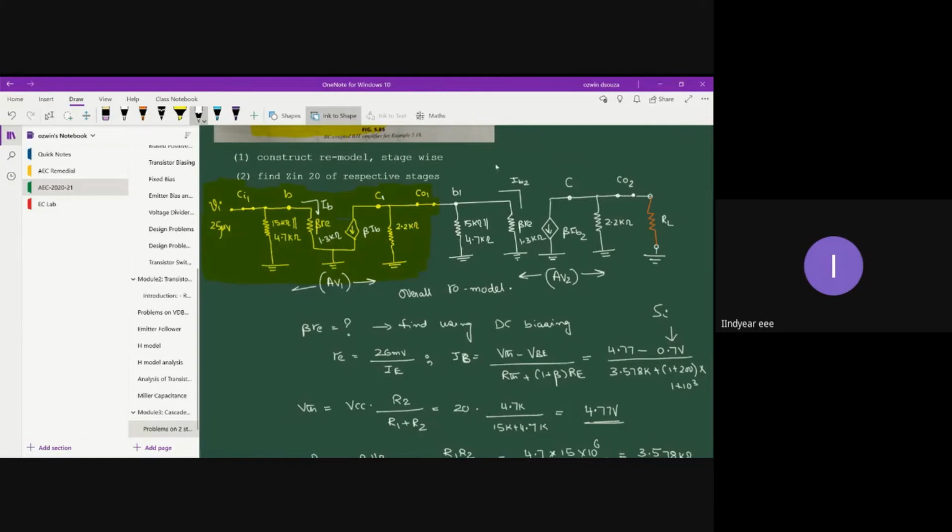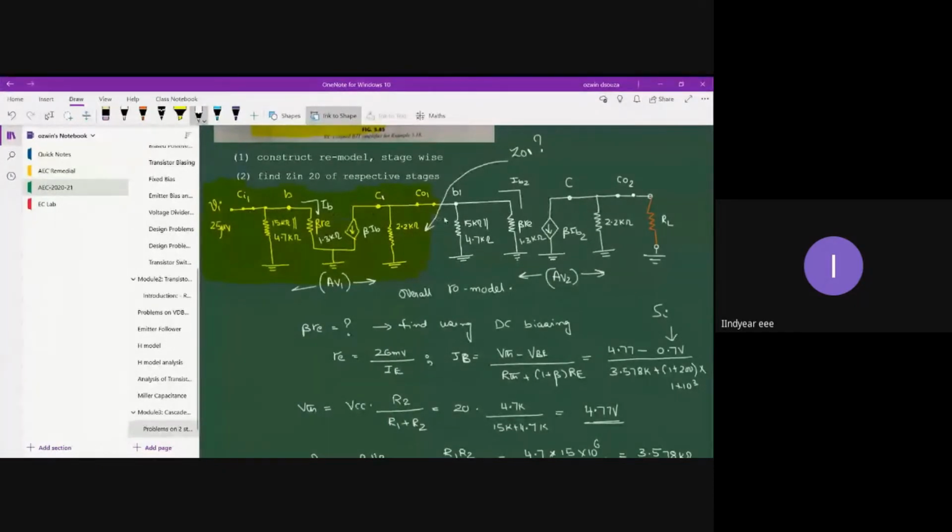Can anyone tell me what is the output impedance of the first stage? Let me write this as Z01. Can I take the output impedance as 2.2 kilo ohm only, or 2.2 kilo ohm in parallel with the input impedance of the first stage?